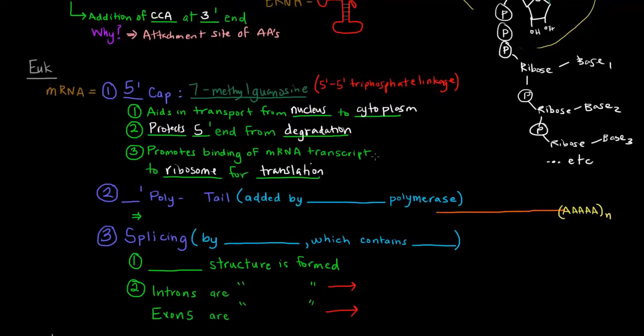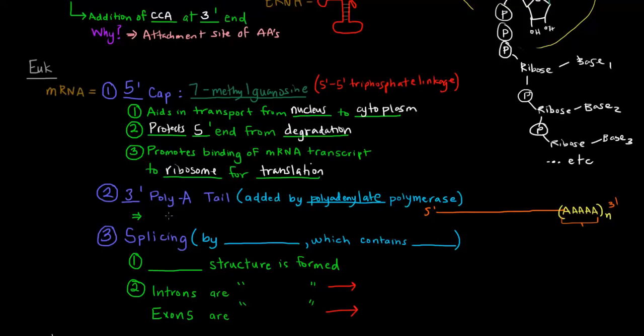Another modification is a 3' poly-A tail. So lots of adenines are attached to the 3' end. So it's a poly-A tail, and it's attached by polyadenylate polymerase. That makes sense. It's the thing that adds a bunch of A's on it. So if this is the 5' end of an mRNA, and this is the 3' end, we add a bunch of adenine nucleotides, or the letter N here to represent a certain number of nucleotides being added.